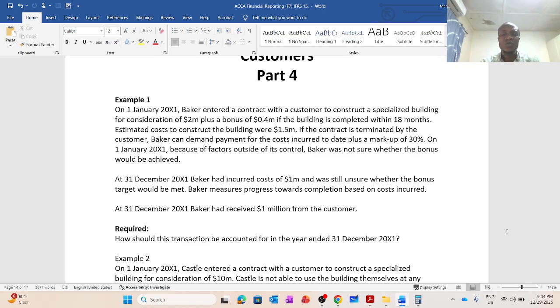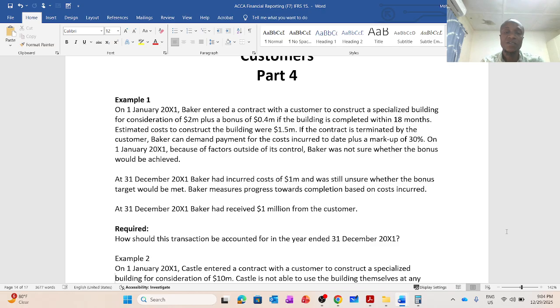We are going to look at the content of the bonus because under the computation of the contract price, there is a component of variable consideration, a contingent consideration. If the conditions relating to the bonus are met, then we are going to include the bonus as part of the consideration.